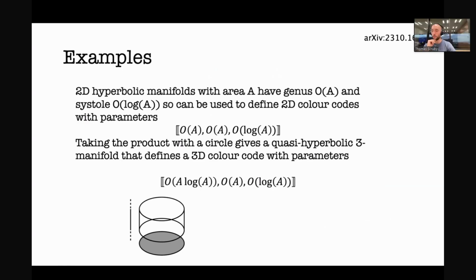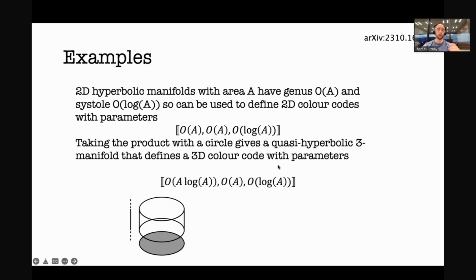For holographic codes, you define this tessellation of a hyperbolic manifold, but then you use tensor network pushing rules to push everything out to the boundary. So all the qubits live on the boundary, but it's defined from the bulk.